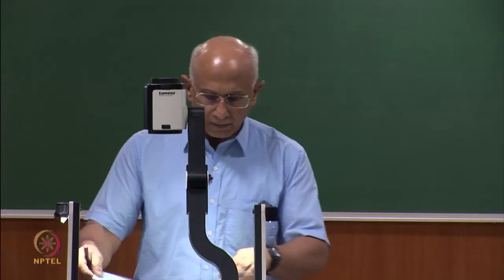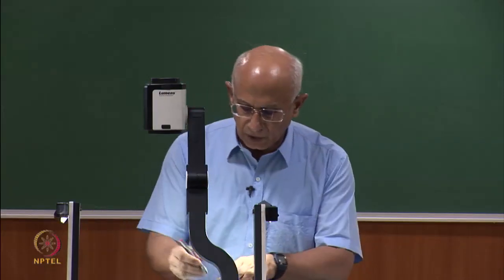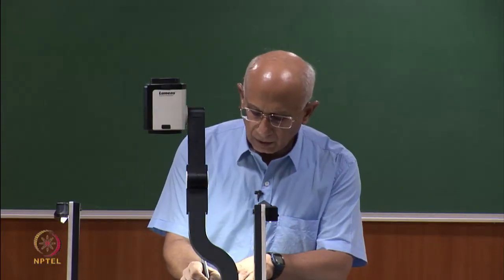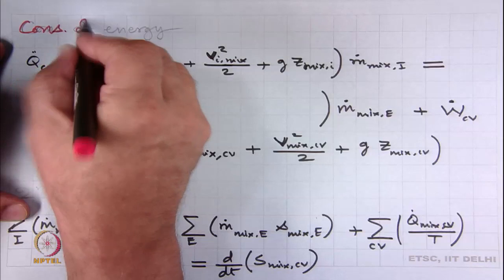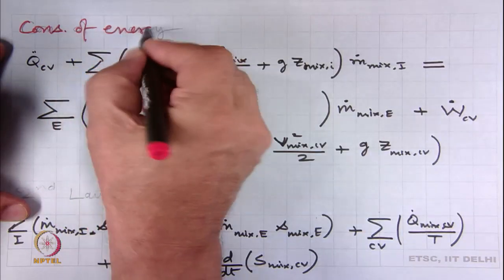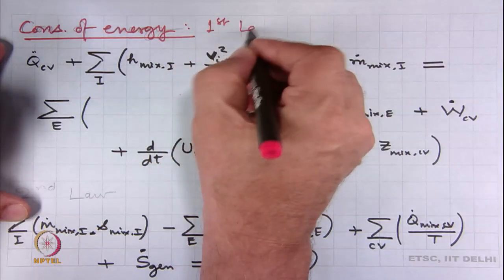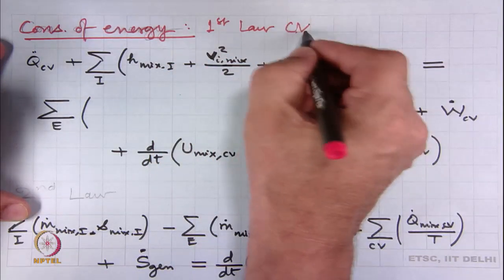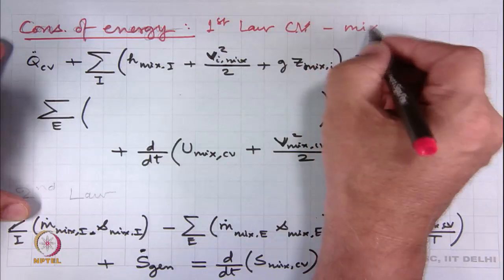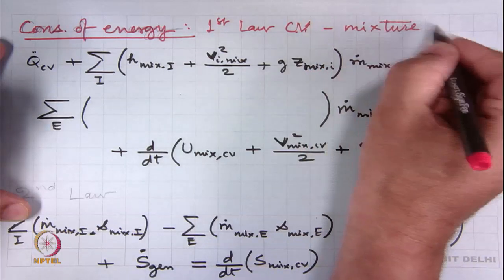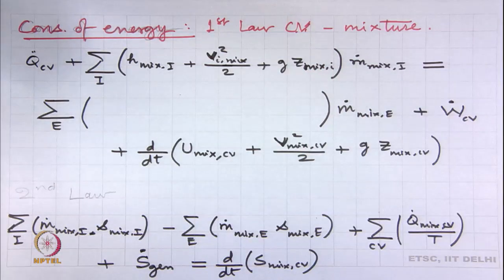Now, we write conservation of energy, or the first law equation for a control volume, the first law applied to a control volume where inflows and outflows are mixtures. So, the law that we had earlier is exactly the same.